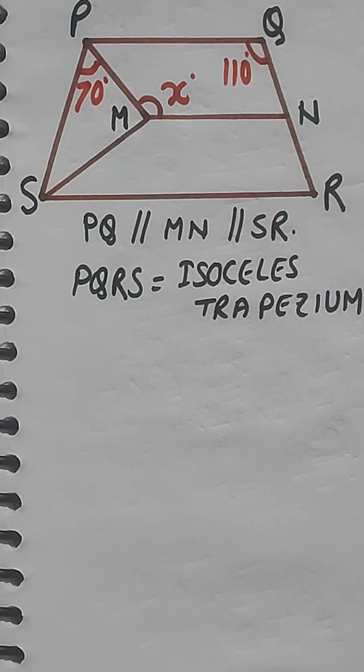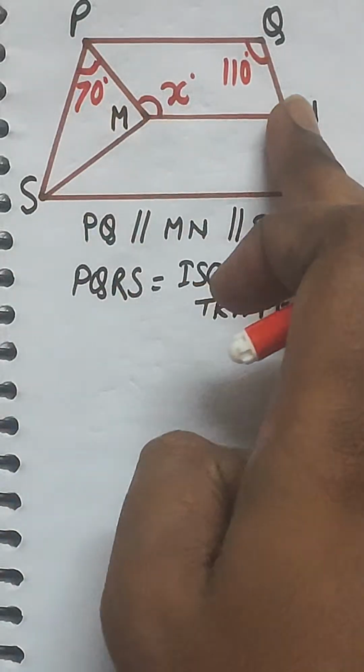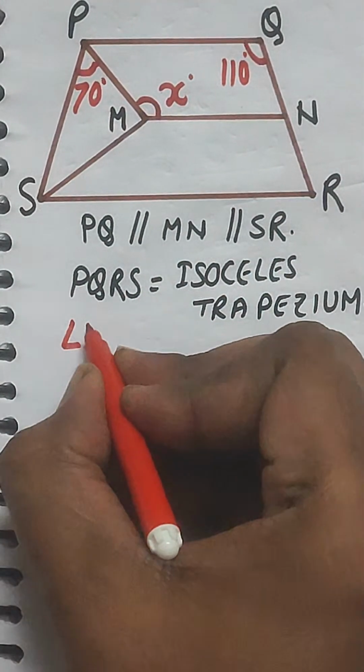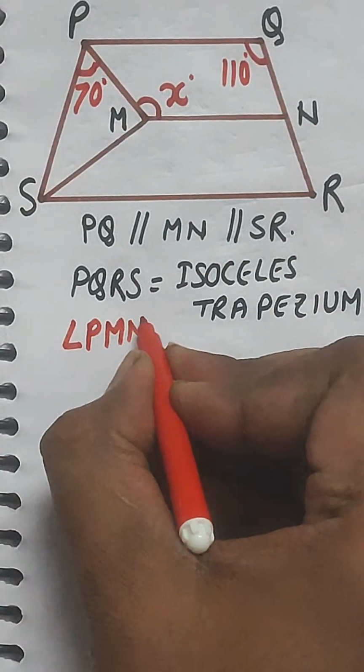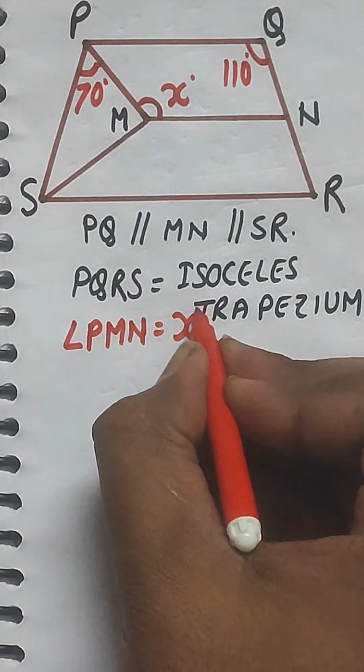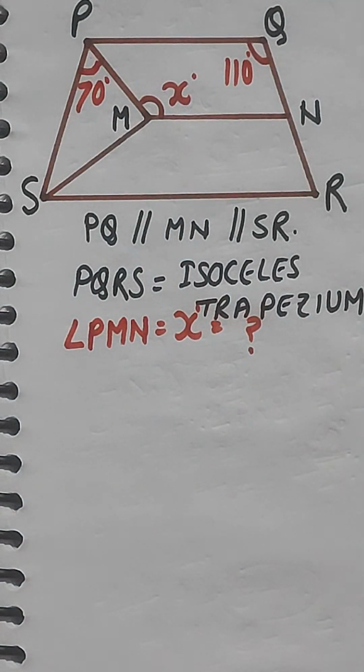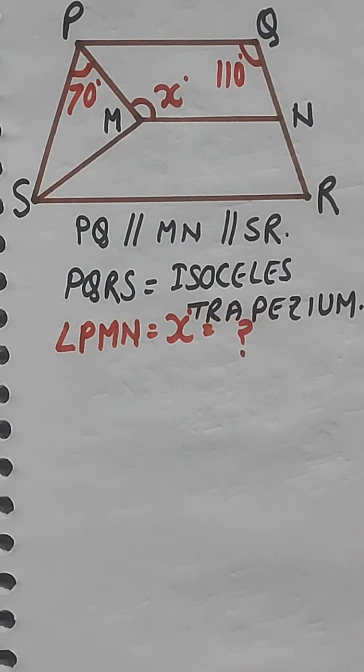Now we need to find the value of angle PMN, which is X. What is the measure of this angle? This is the question which is given to us, right?